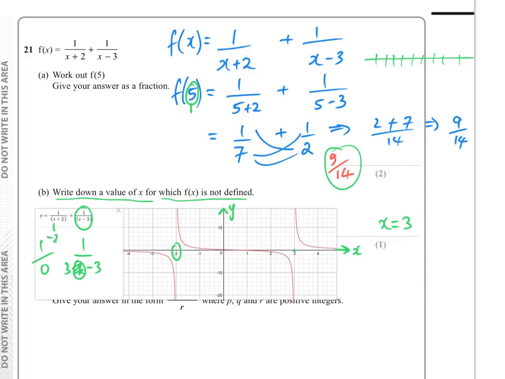Because here, negative 2 plus 2 is also 0, and you can't do 1 divided by 0, it's just not defined. So these points here on the graph are called asymptotes, just in case you were interested. Right, let's have a look at the next part.